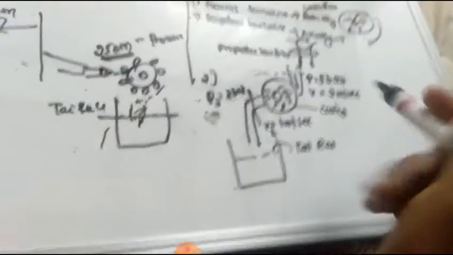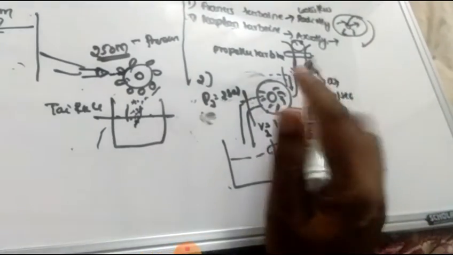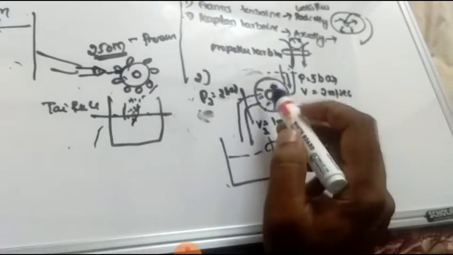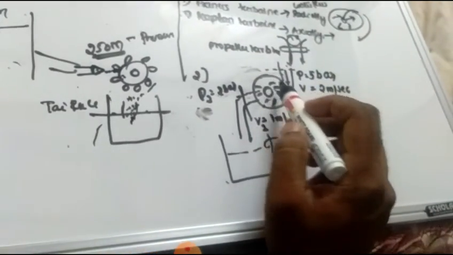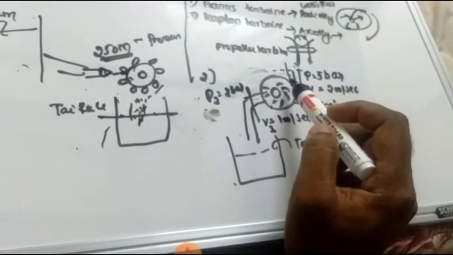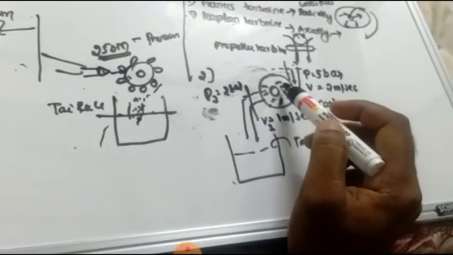In an impulse turbine, we can directly see the working procedure. But here we can't see. If any damage happens in the reaction turbine, we can't see it directly. We need to open the casing and check whether it is working properly or not.